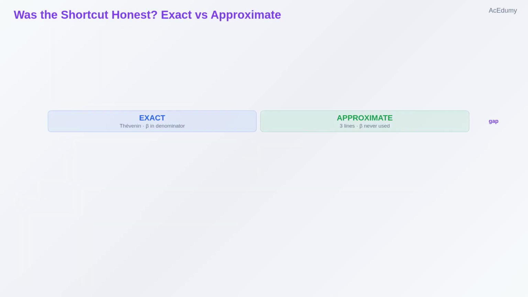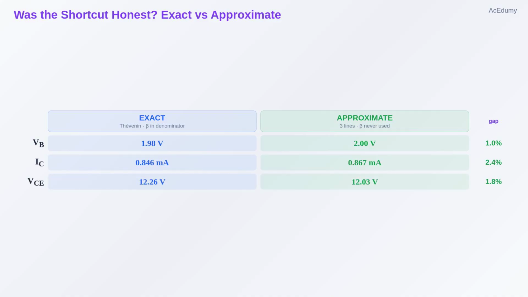Now the moment of truth. Was the shortcut honest? Let us lay today's approximate answers beside last time's exact ones, side by side. The base voltage, exact, gave 1.98 volts, approximate gave 2.00. The collector current, exact 0.846 milliamps, approximate 0.867.